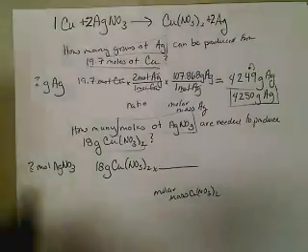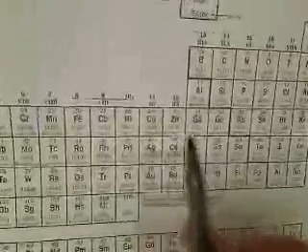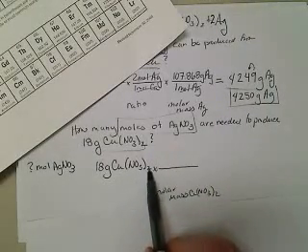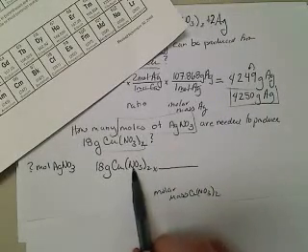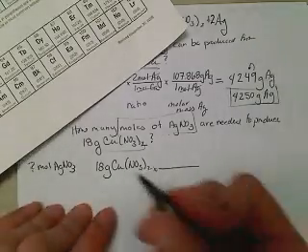So let's look at our periodic table. Copper, 63.546, sorry, plus. Now, here we have your nitrogen. You've got 2 nitrogens, right? So it's going to be 2 times the 1 nitrogen in here. So you have 2 nitrogens and 6 oxygens, okay?